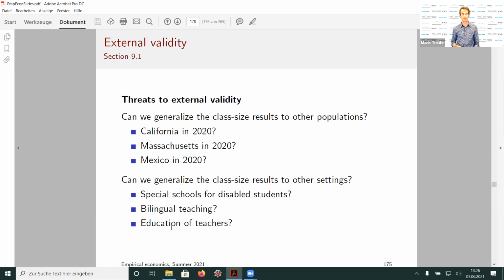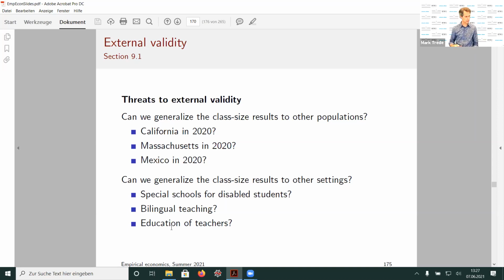Okay? But thinking about this distinction between internal and external validity is very helpful if you want to assess other people's econometric studies. And also, if you do an econometric study on your own, then thinking about these internal and external validity is quite helpful.